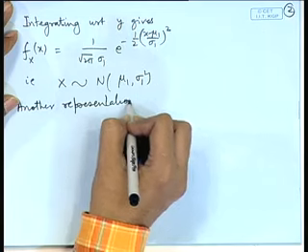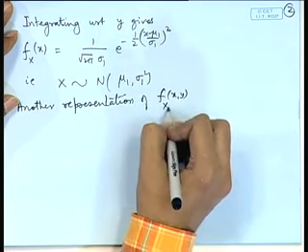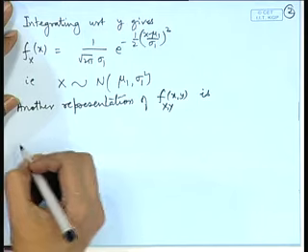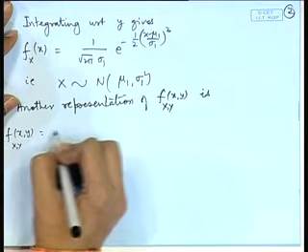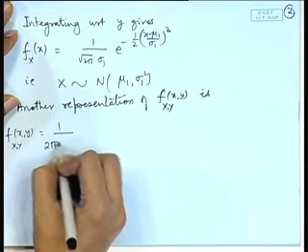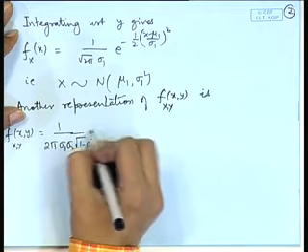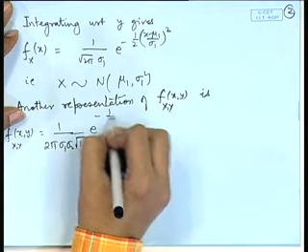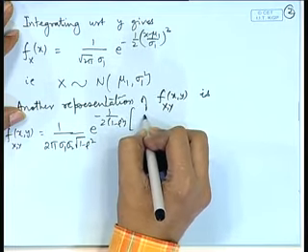Another representation of f(x, y) can be 1 by 2 pi sigma 1 sigma 2 root 1 minus rho square e to the power minus 1 by 2 (1 minus rho square), and now I make a square with respect to x.